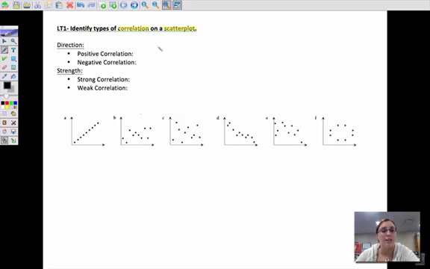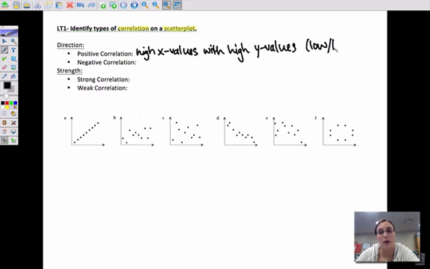A positive direction has high X values with high Y values, and also low with low as well. What I mean is when the X gets bigger, the Y also gets bigger, or when the X gets smaller, the Y also gets smaller.